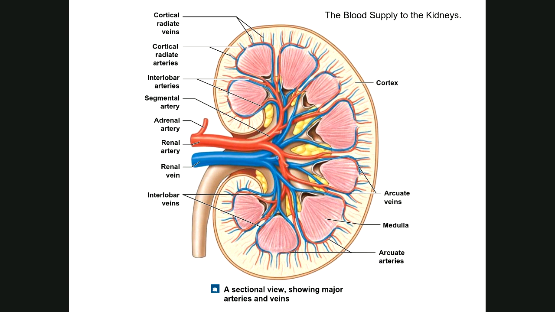Remember those lobes? This is one kidney lobe. This is another kidney lobe. Okay, interlobar arteries radiate outward through the renal column between the renal pyramids and supply blood to the arcuate arteries.